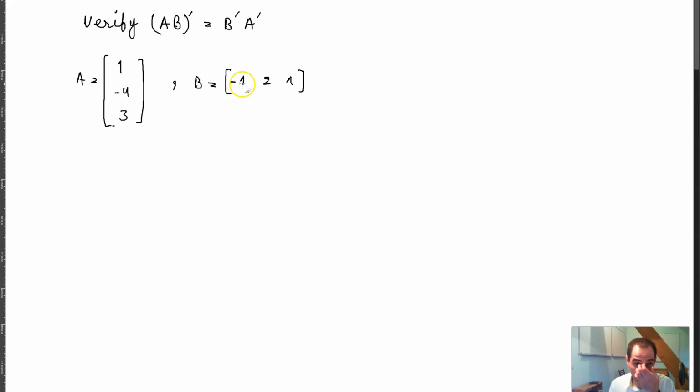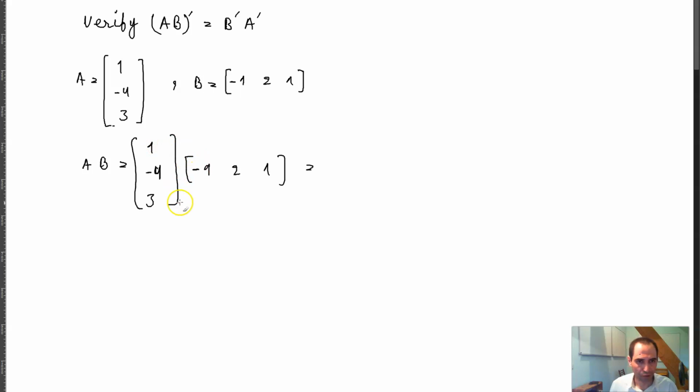And so A times B is the same thing as 1, negative 4, 3 times negative 1, 2, 1, which is, this is a 3 by 1 matrix, this is a 1 by 3 matrix, so I get a 3 by 3 matrix.